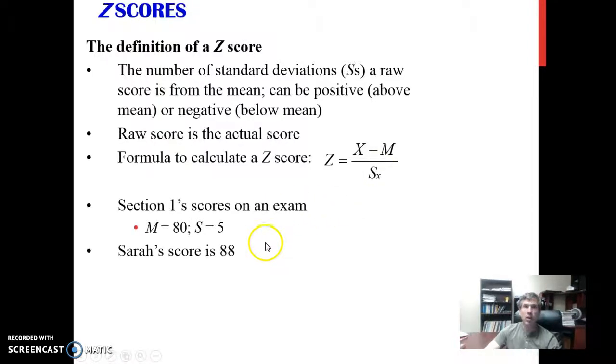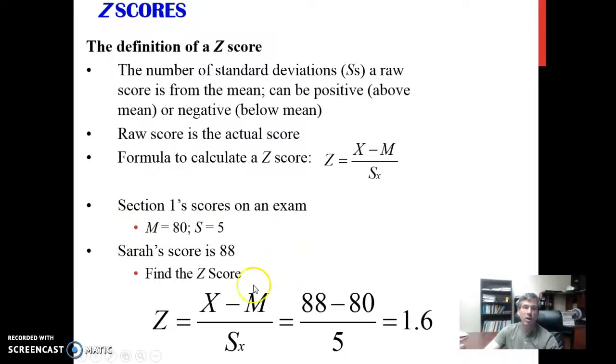So let's calculate an actual z-score, and let's do it for our first student, Sarah. Sarah's raw score, her individual score, is 88. Her section has an average of 80 with a standard deviation of 5. If we wanted to find the z-score, we'd use our formula here. Again, Sarah's individual score is 88 minus 80. Her deviation score is 8. She's 8 points above average for her class.